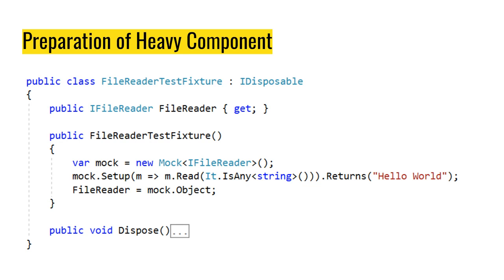And what does it look like when you mock something which takes a long time to process? In this example, we have a file reader, and the file reader loads, let's say, a big array. Let's say you pass in an array of strings, and those are a bunch of files that need to be parsed into a single string.